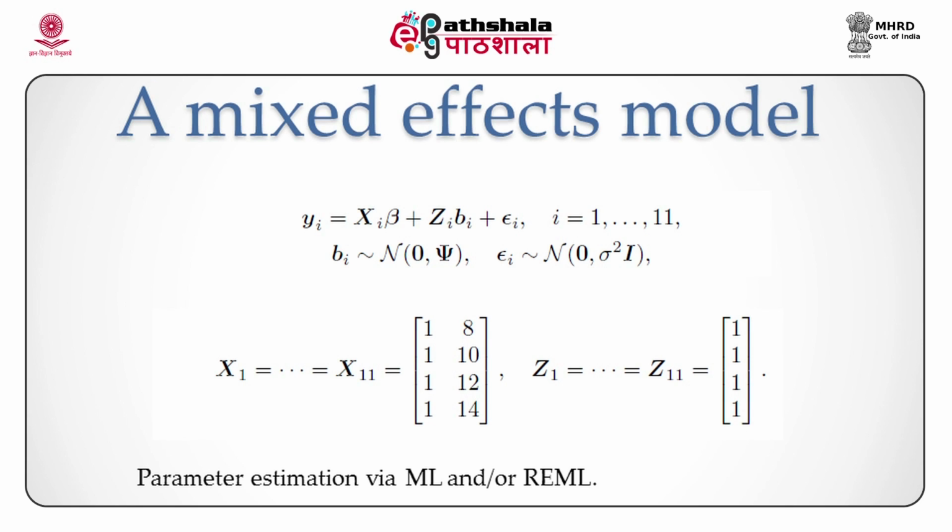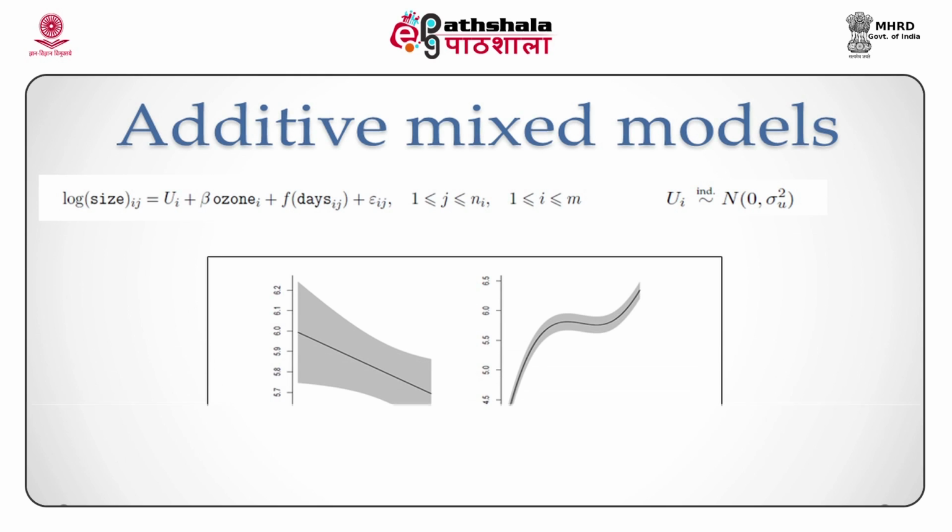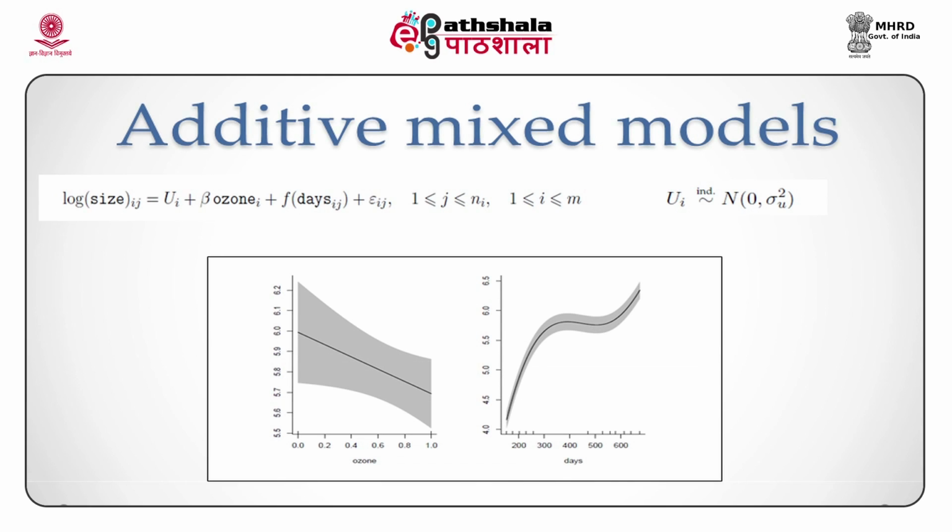a number of complications. So the data given on this slide refers to another very popular public domain longitudinal data set available from R, which relates to the size of trees. So we have some trees which were exposed to ozone and some trees which were not, and we measure the size of the trees.